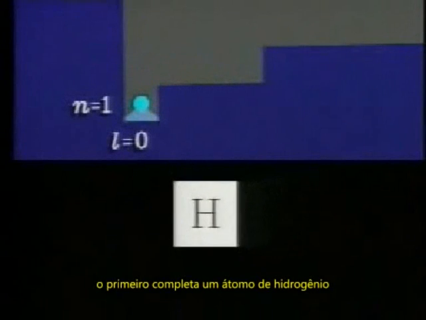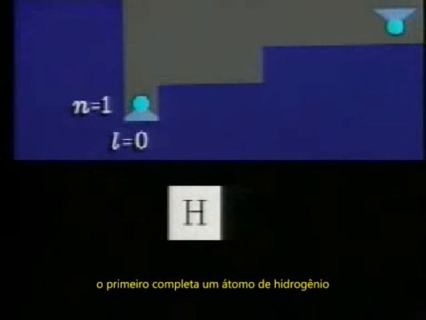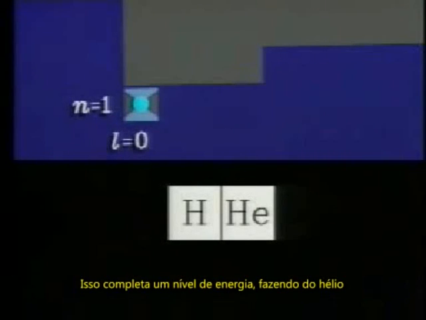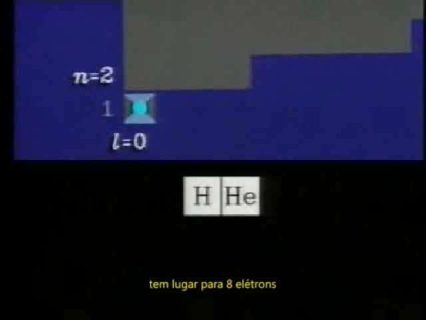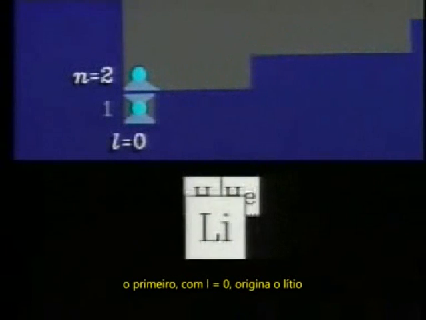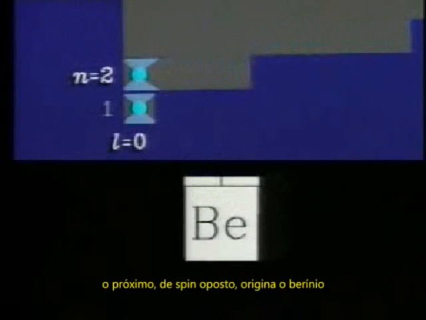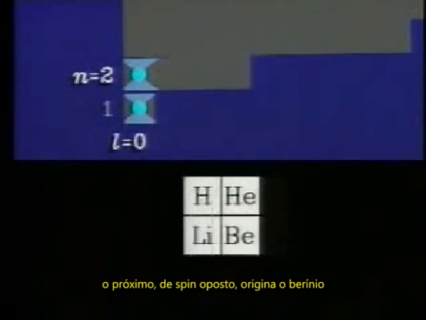The first one completes a hydrogen atom, and the second, with opposite spin, completes the atom of helium. This completes an energy level, making helium chemically inert. The n=2 shell of orbitals has room for 8 electrons. The first, with L=0, makes a lithium atom. The next, with opposite spin, makes beryllium.